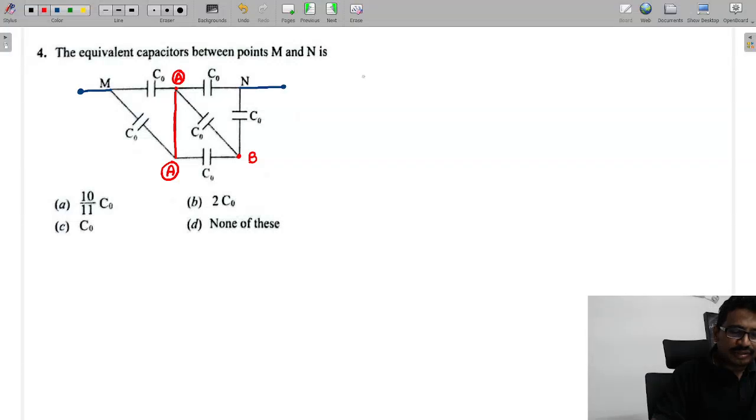Now let's redraw the circuit here. This point I am taking as M, this point as A, this point is B, and this point is N. Now see this one here. Between M and A we have one capacitance, and this capacitance value is given as C0.